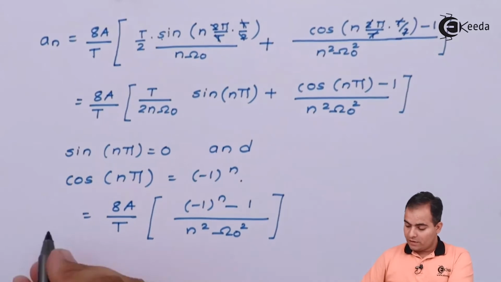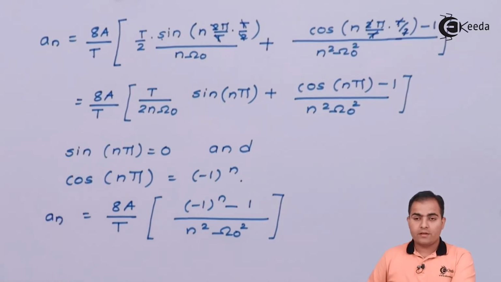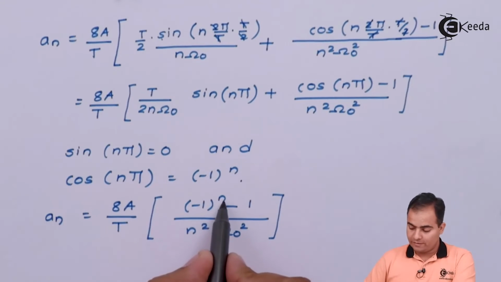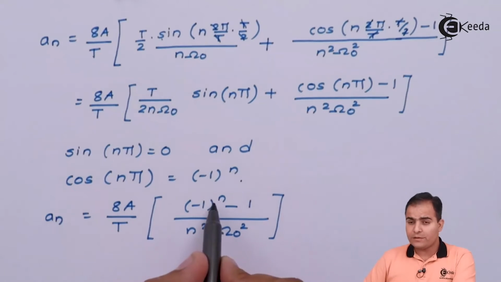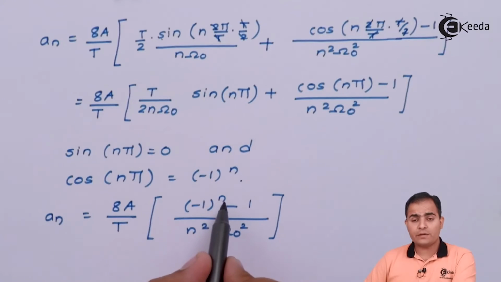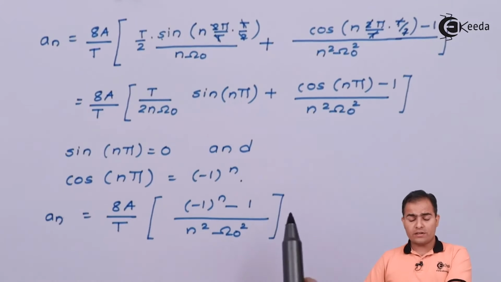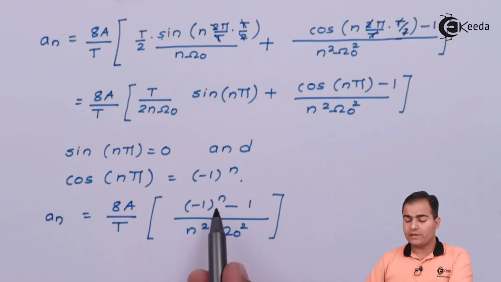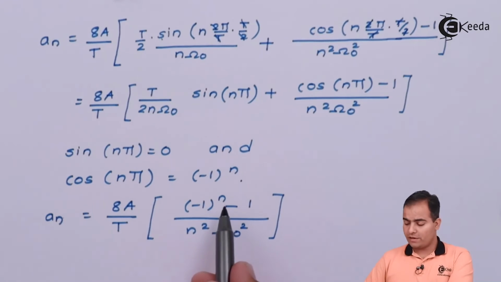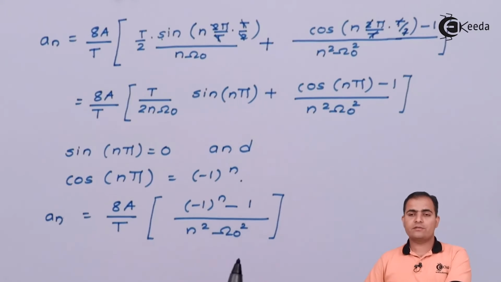Now, this is the value of an, but this an value still depends on the value of n. If I substitute n equals to even, and if I substitute n equals to odd, my an value will change. So let's see what different values you will get after substituting n as even values or n as odd values.